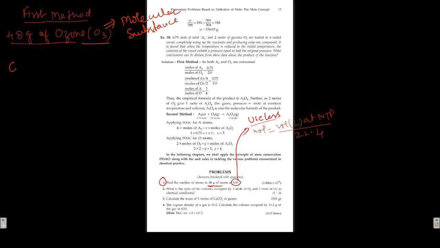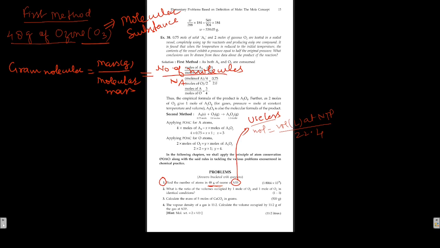Now here we know gram molecules is equal to mass in gram upon molecular mass, and this is equal to number of molecules upon Avogadro's number, Na.